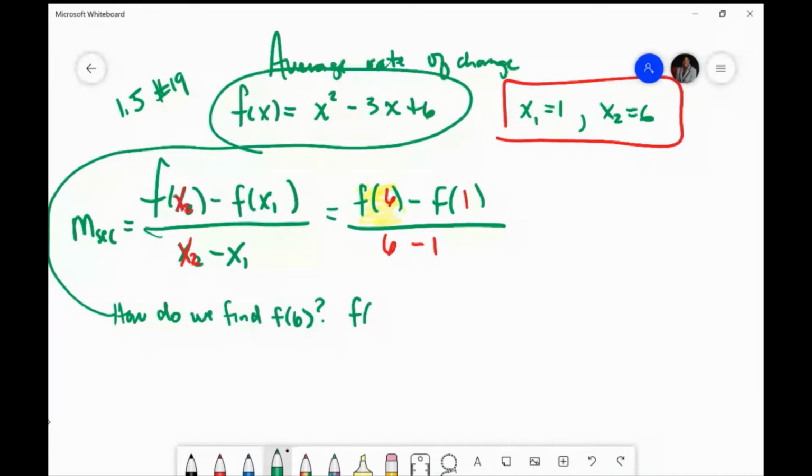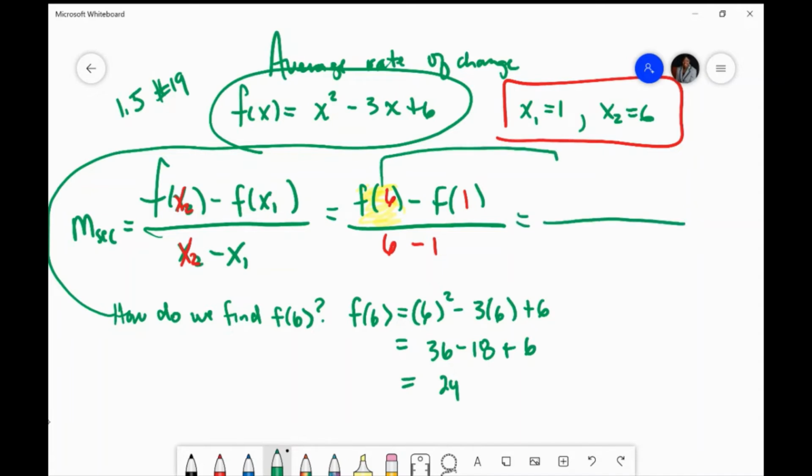So f of 6 equals 6 squared minus 3 times 6 plus 6. 36 minus 18 plus 6. What does that equal? 24. Okay, thank you. So I know the first answer, f of 6. All we're doing right now is evaluating functions. That's 24. How about f of 1? All right, y'all tell me what f of 1 is equal to.